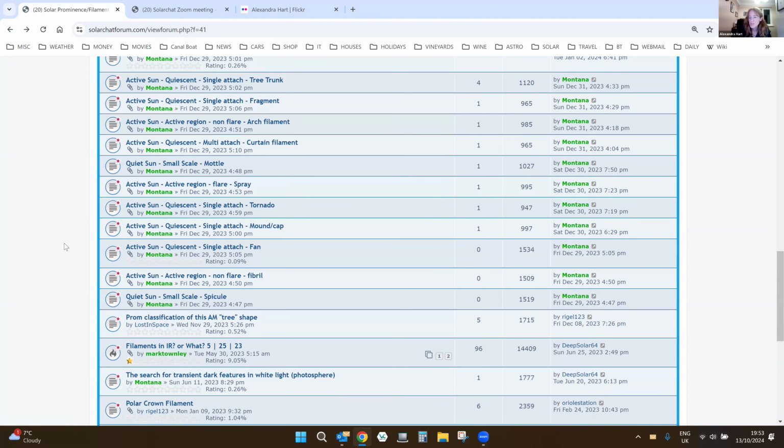It's also much easier if you've got a Daystar Quark or something like that, because if you keep imaging as you're warming up, you can see the blue wing spicules, and then they gradually turn into the mottles.